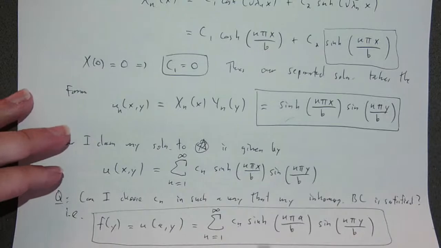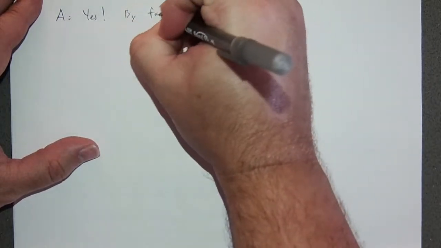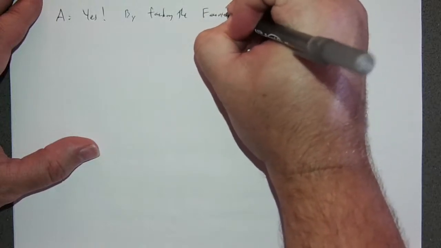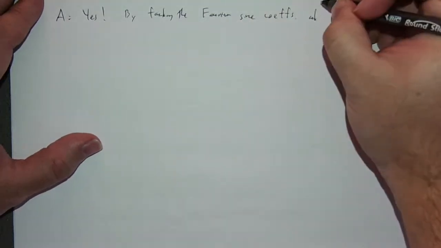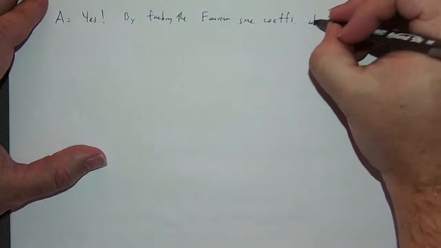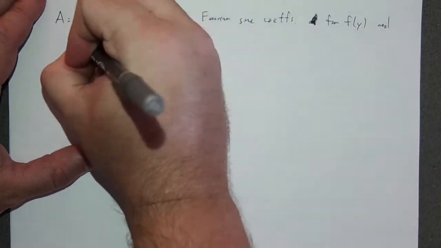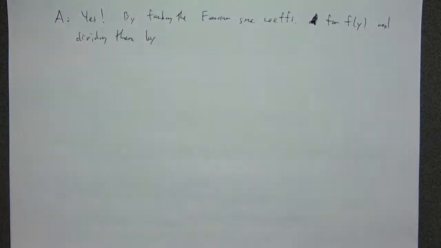And the answer is yes. How can I do this? By finding the Fourier sine coefficients for f of y, and dividing them by this extra term, right?